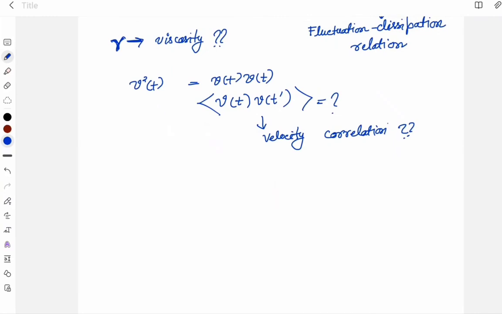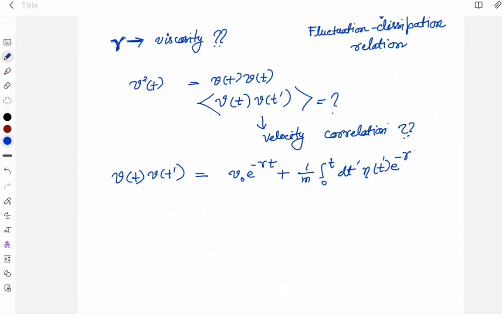So let us write it. v(t) into v(t') will be v0 e to the power minus gamma t plus 1 over m integral 0 to t dt' eta(t') e to the power minus gamma (t minus t'), times v0 e to the power minus gamma t'.